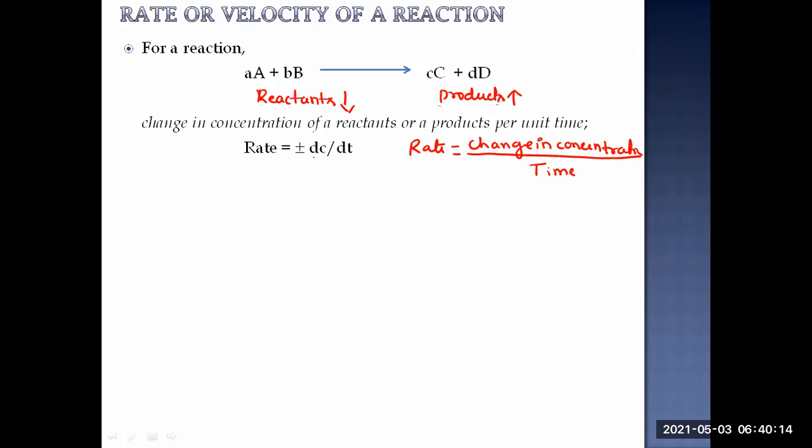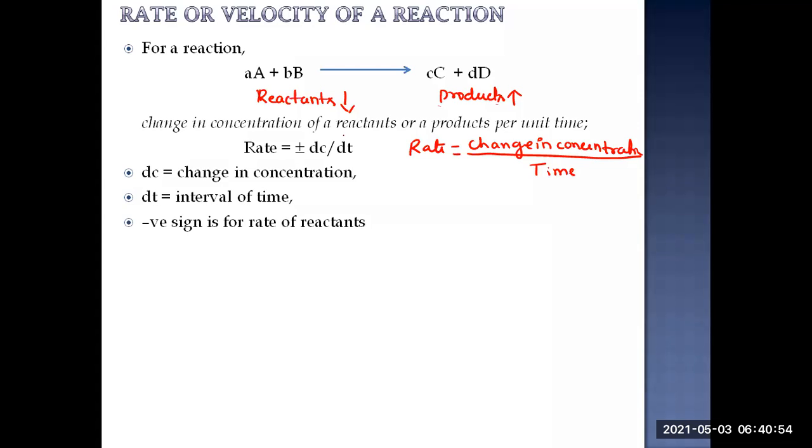So here we have just taken d. d represents small change. C represents concentration. So dC by dt. dt means the small time interval over which the change in concentration dC happens. So rate is equal to plus or minus dC by dt is the mathematical rate expression for rate of reactions in products. Now, dC is the change in concentration and dt is the interval of time over which the dC happens.